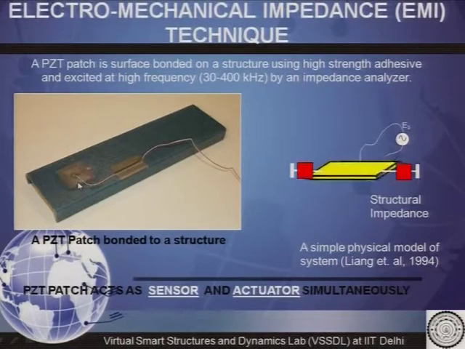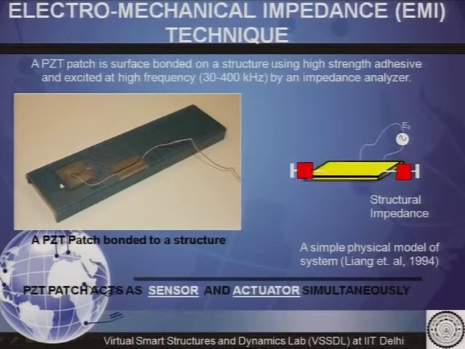In this first stage of the EMI technique, this PZT patch will act as an actuator. As this PZT patch is attached to the host structure, it will cause the host structure to actuate, to vibrate.